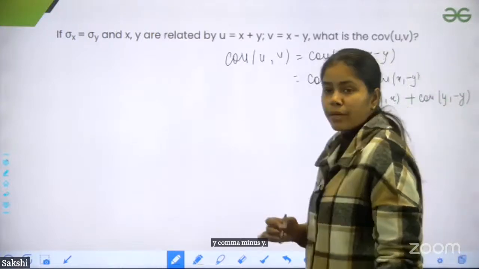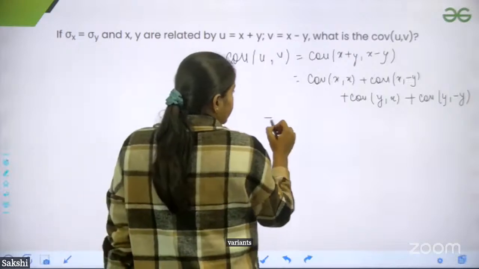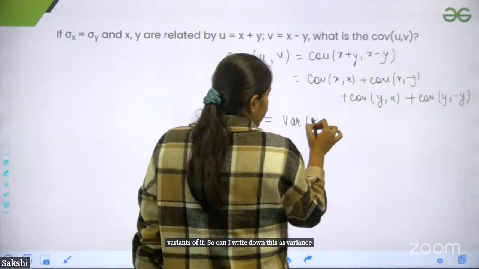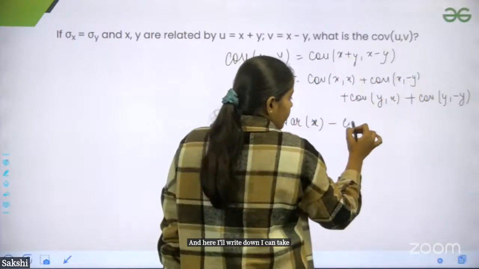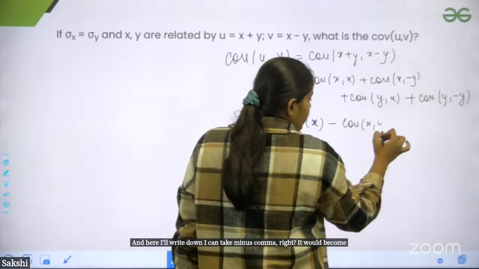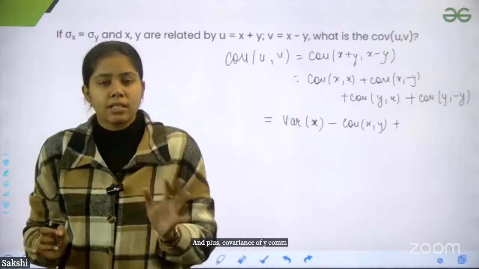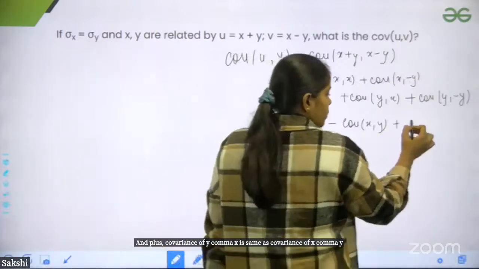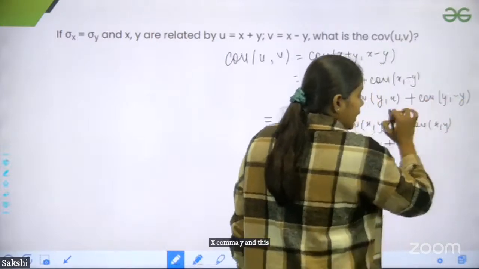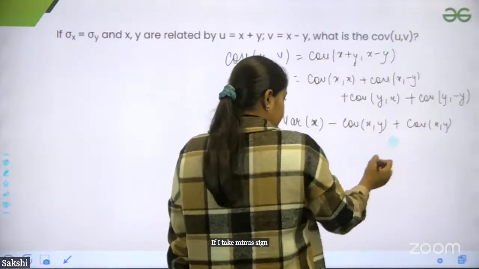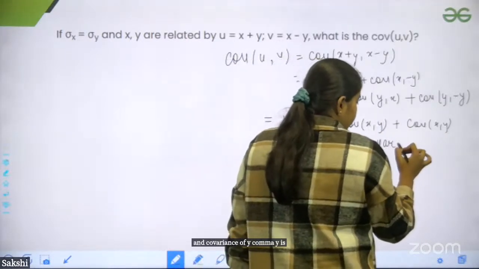Guys, if you remember, covariance of x comma x is variance of x. So can I write this as variance of x? And here I can take minus common, right? It would become minus covariance of x comma y. And covariance of y comma x is the same as covariance of x comma y. So I can write this as covariance of x comma y. And covariance of y comma y, with the minus sign taken common, is variance of y.